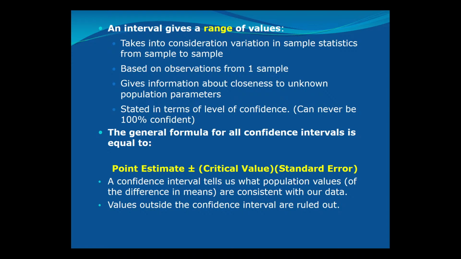The general formula for all confidence intervals is shown on this slide. Point estimate plus or minus critical value multiplied by standard error. A confidence interval tells us what population values of the difference in means are consistent with our data. Values outside the confidence interval are ruled out.